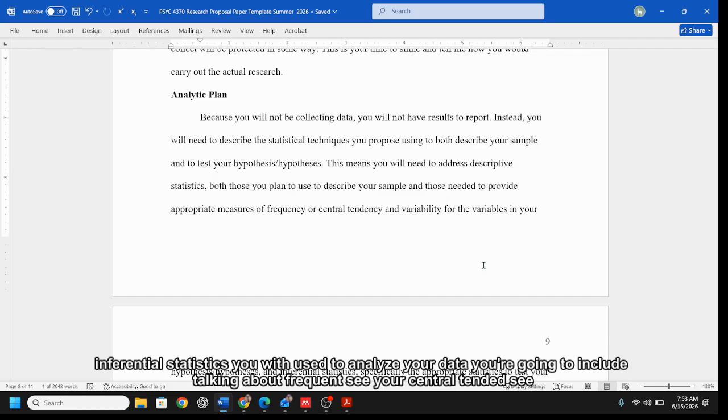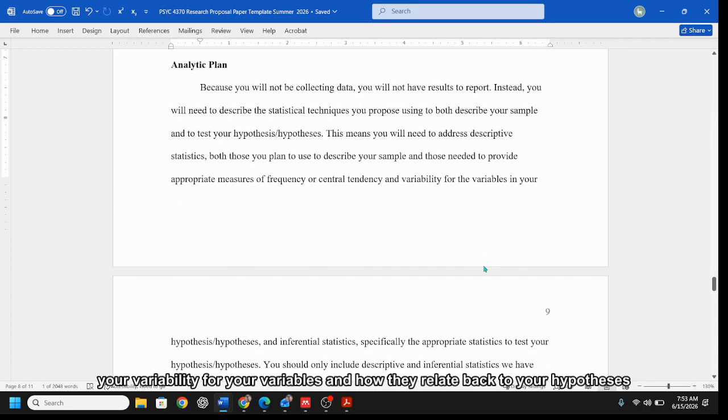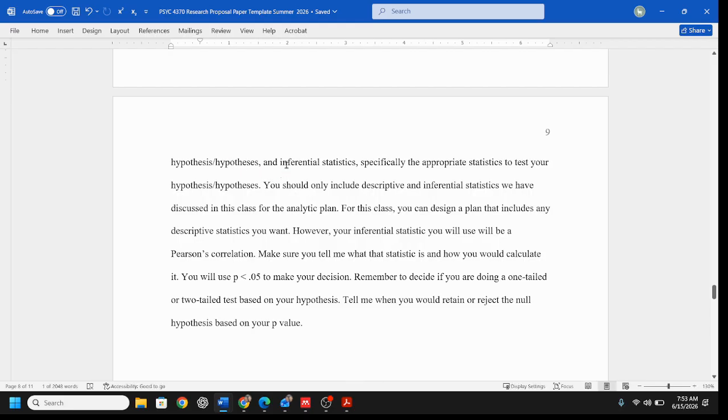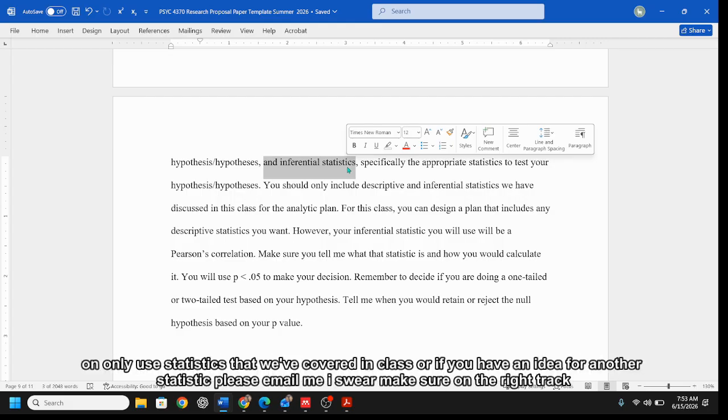You're going to include talking about frequency, your central tendency, your variability for your variables and how they relate back to your hypotheses. For inferential statistics, all of these research questions that you've proposed should be able to be addressed with either a Pearson or a Spearman correlation. Only use statistics that we've covered in class, or if you have an idea for another statistic, please email me. I just want to make sure we're on the right track.